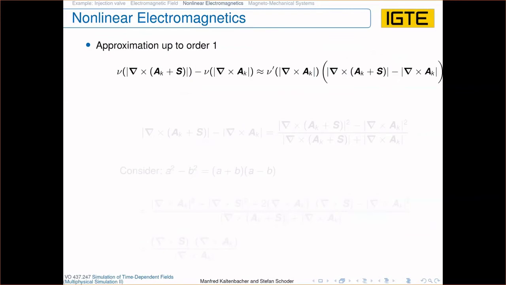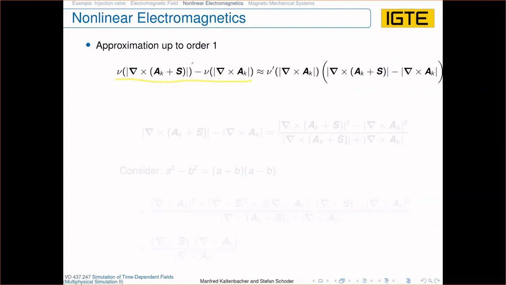Okay, so we have it written down now, and already the following: we have to evaluate our reluctivity at the curl of AK plus S and the reluctivity at the absolute value of the curl of AK.